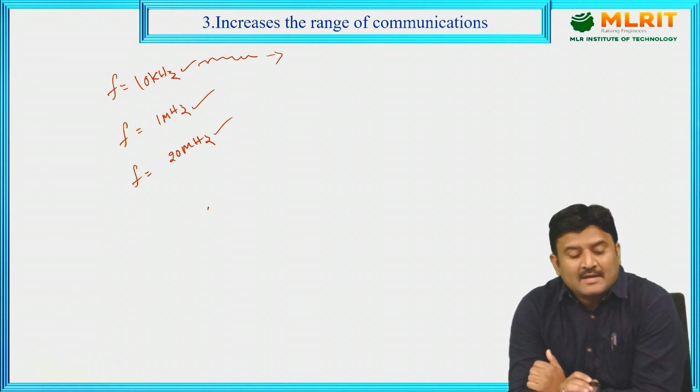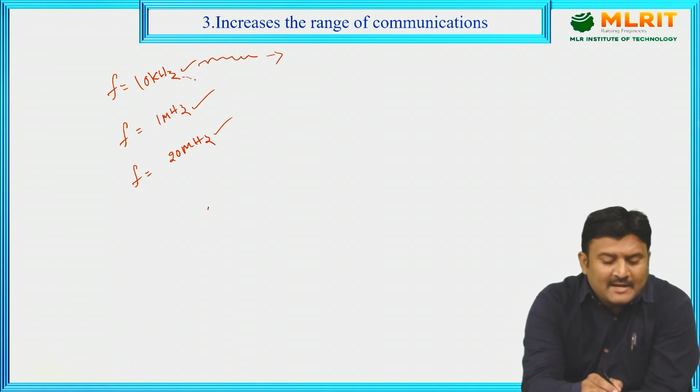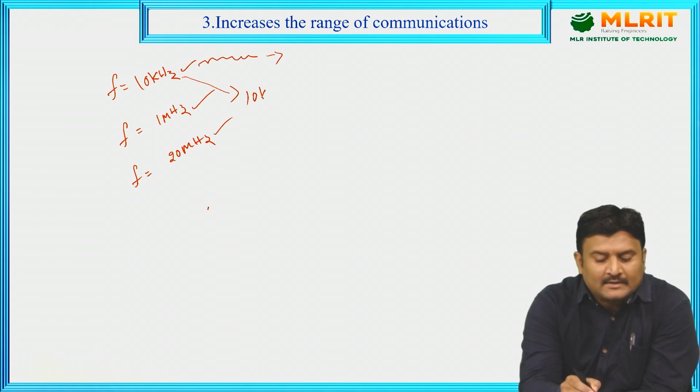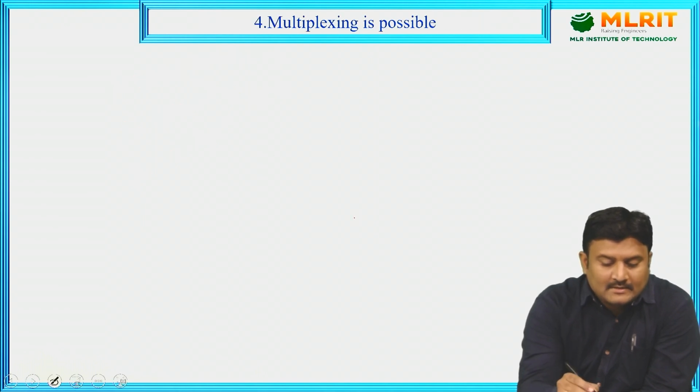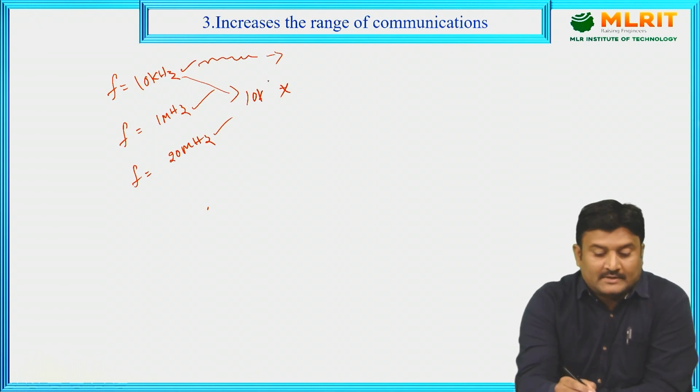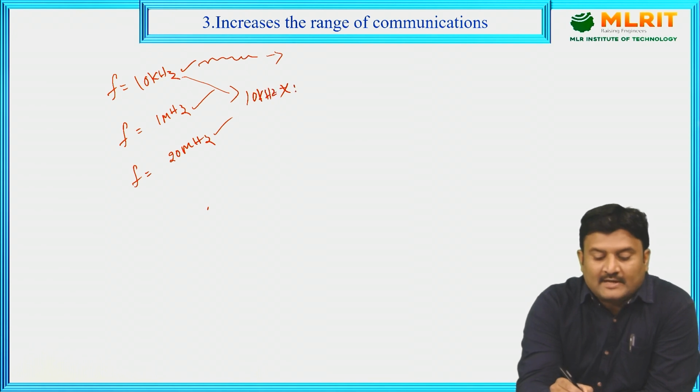How? You can multiply this 10 kHz signal with, for example, 1 MHz or 10 MHz.